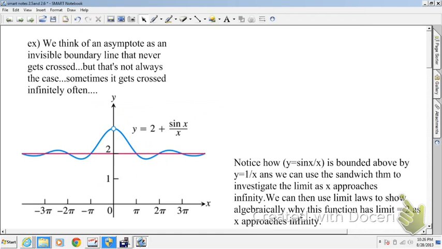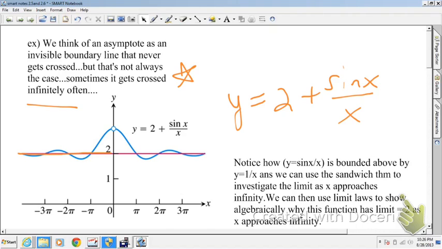In this next example, I did want to mention that we tend to think of an asymptote as an invisible boundary line that never gets crossed, but that's not always the case. It could get crossed infinitely often. So here in this drawing, and again I'll make the function bigger so you can see it, it's 2 plus sine x over x.